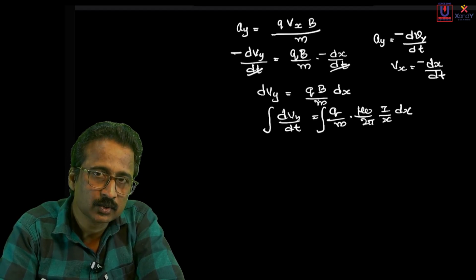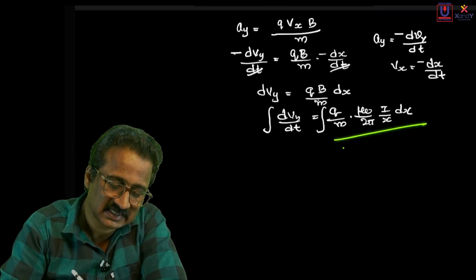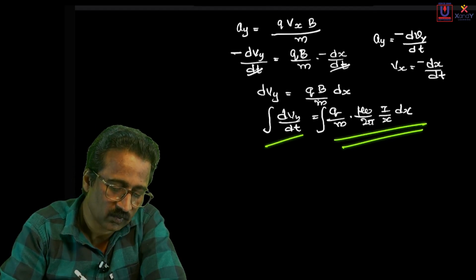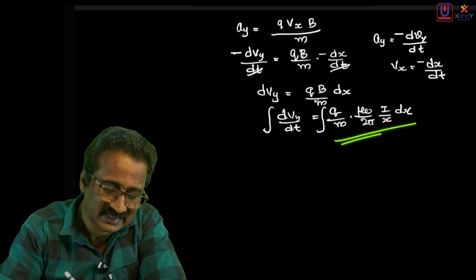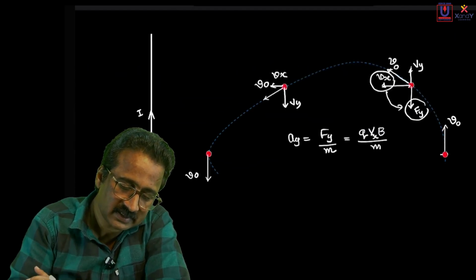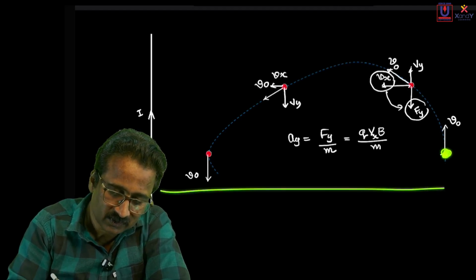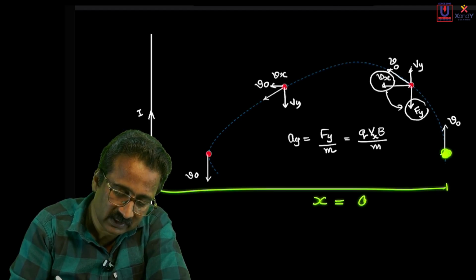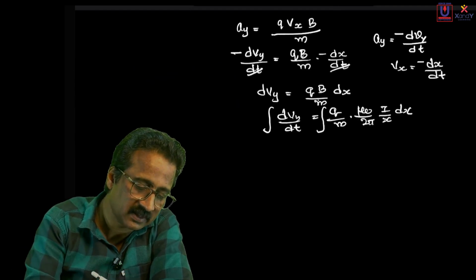Now let's use the limits very carefully. It is x the variable on the right side and vy the variable on the left side. On the right side it is x. Let us see where x begins and where x ends. This is the initial position of the particle. At the initial position, x was given to be equal to a in the question. So x equal to a is the initial position.